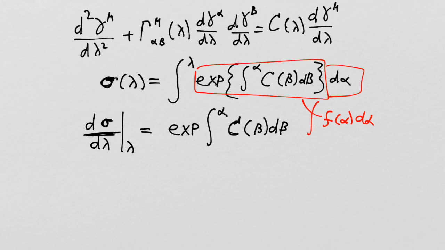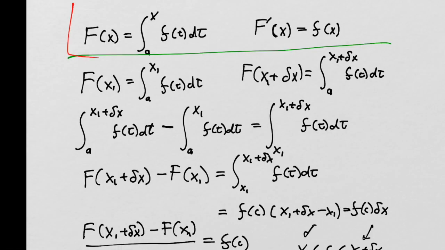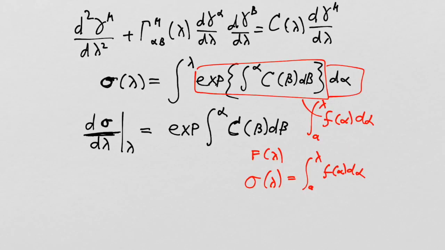And I have the integral from a to lambda of f alpha d alpha. So I've basically written sigma of lambda equals the integral from a to lambda of f alpha d alpha. So this would be f of lambda from the actual definition that we used right here. So I've recreated this very structure where f is actually this function here.